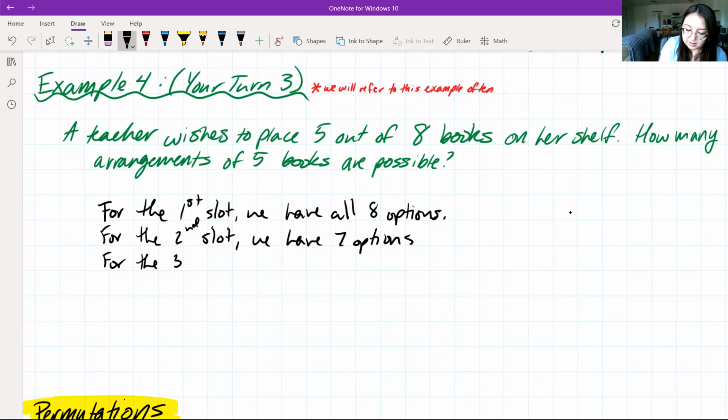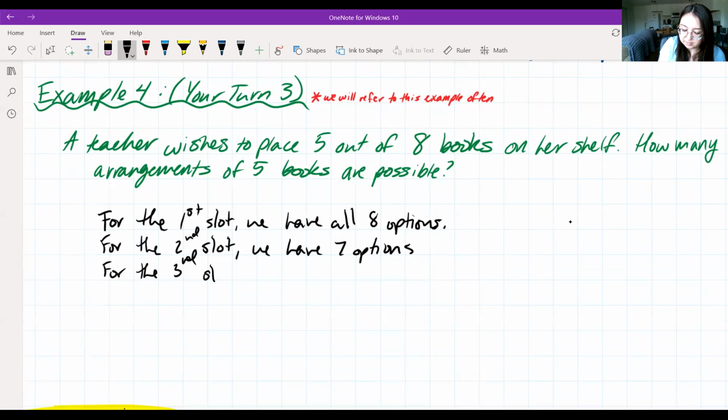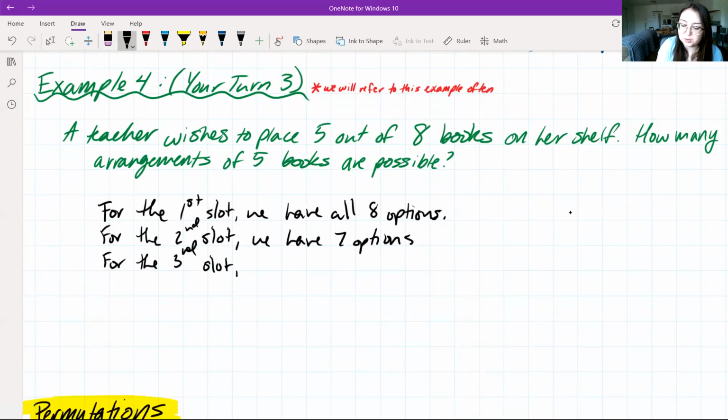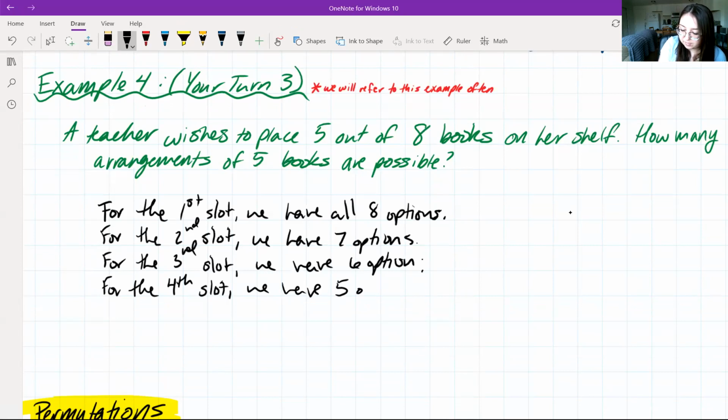For the third slot, we now have 2 less options, so we have 6 options. For the fourth slot, we have 3 less options, so we have 5 options.